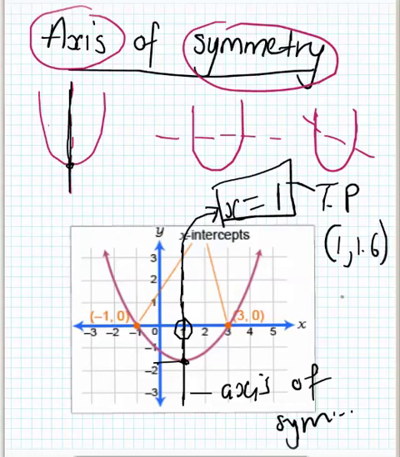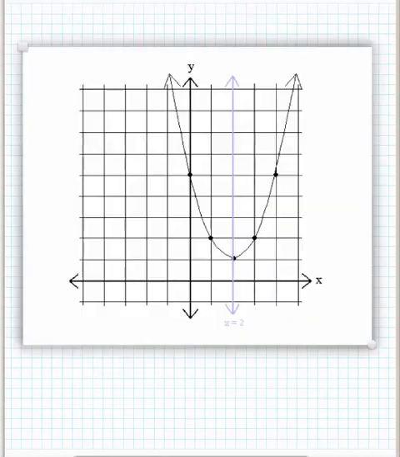We haven't found it yet, but we can clearly see the x value of our turning point is 1, and that is our axis of symmetry. So all you have to do to write the axis of symmetry is write it as an equation, x equals something, where the value is the x value of the turning point. So let's try some more questions.